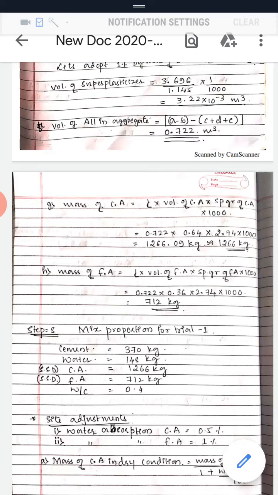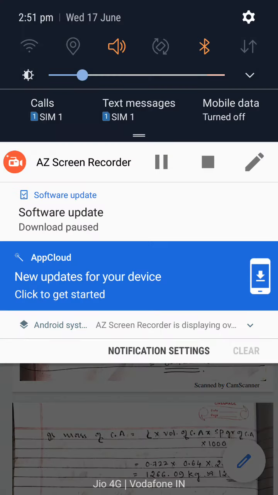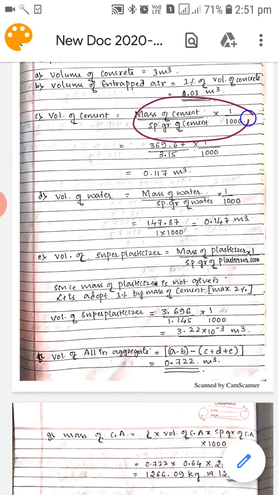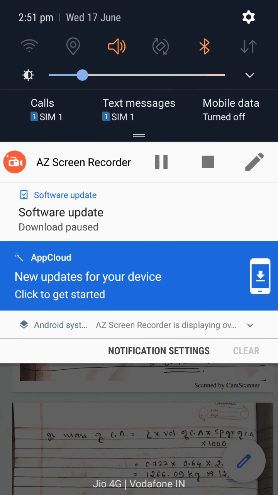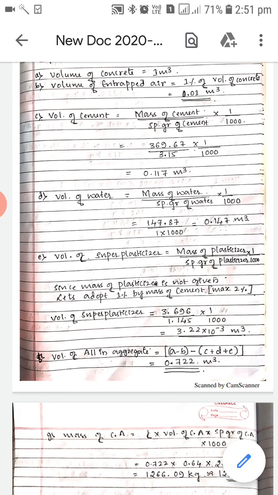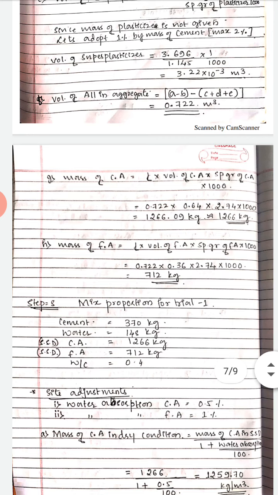This formula is derived from that formula itself, just by reversing it.